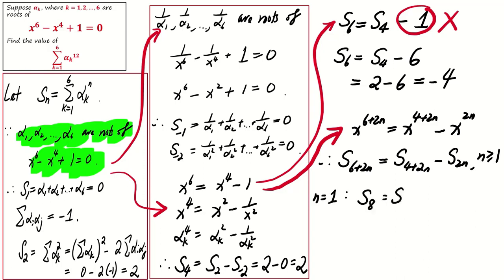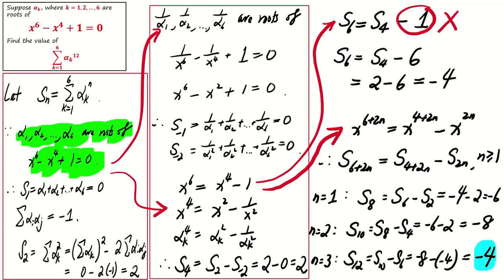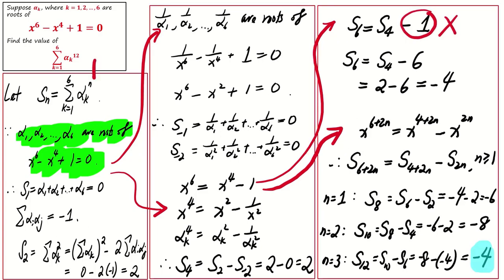By applying this relationship, we can easily find the value of S6 plus 2n for n equals 1, 2, and 3. In conclusion, we determine that S12 equals -4. And with this information, we successfully determine the solution to our problem.